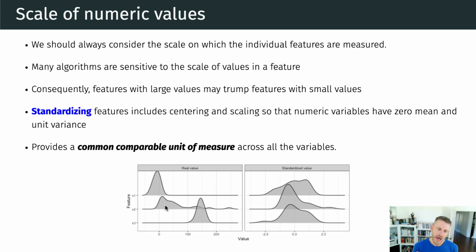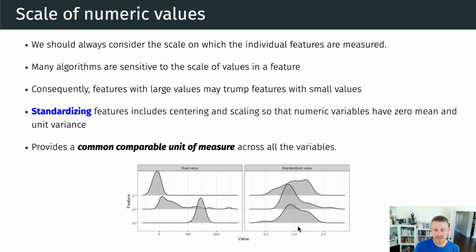So in certain algorithms, when we have features like this that are much different in the scale or the magnitude of their values, then those values that are much larger sometimes can bias or dominate the algorithm that we are applying. And so we'd want to do what's called standardizing these to be on the same measurement.